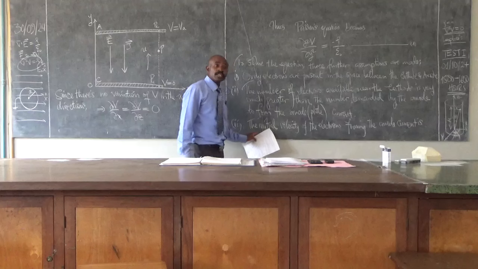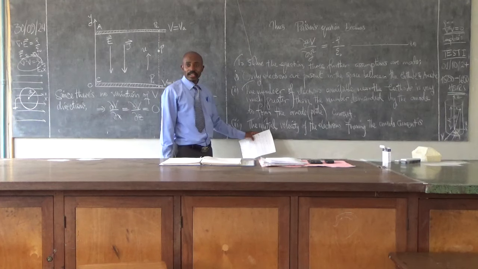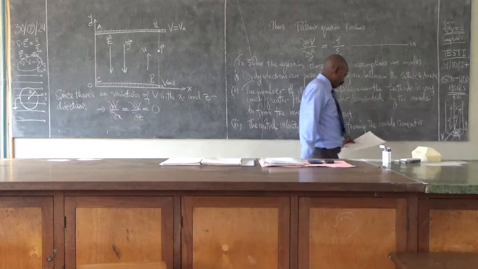What would be the velocity initially of these electrons that are forming the anode current? They wouldn't be moving at all.